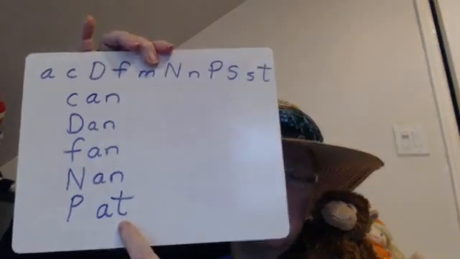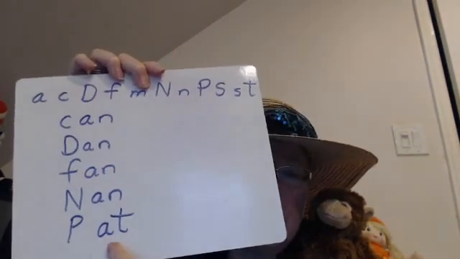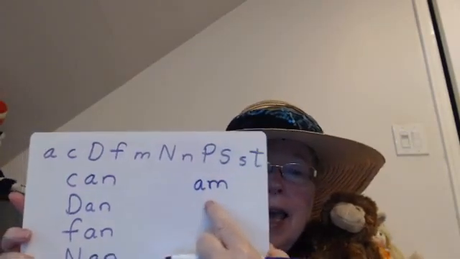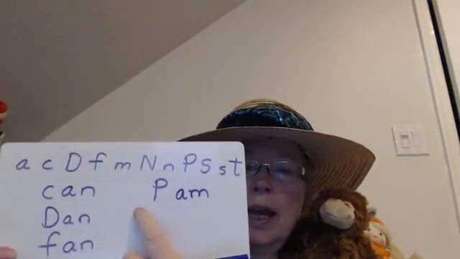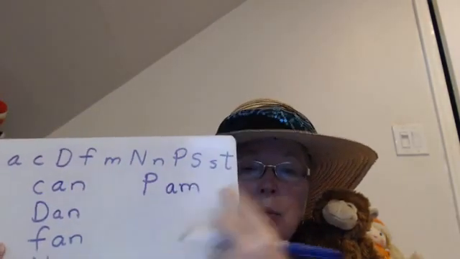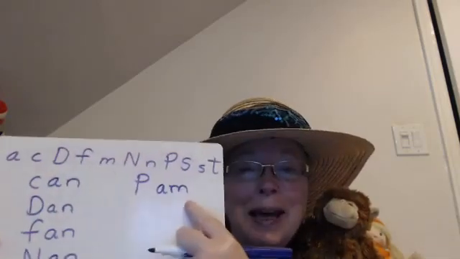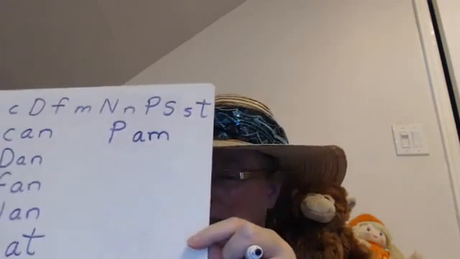So Pat is another character in the story. Let's take away the T and replace it with an M. So we're going to have A-M, which is pronounced am. We're going to use an uppercase P, and we have the name Pam. So we have another character. Pam is also in this story.